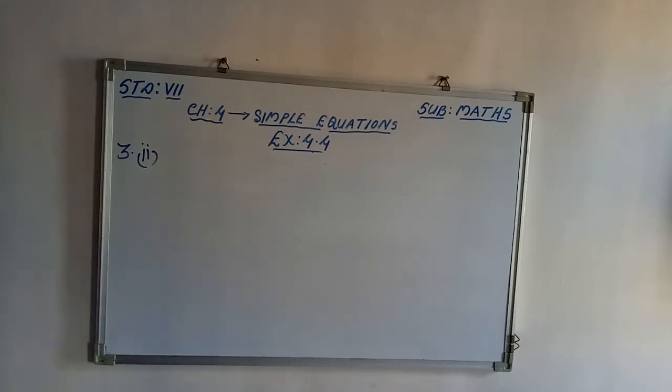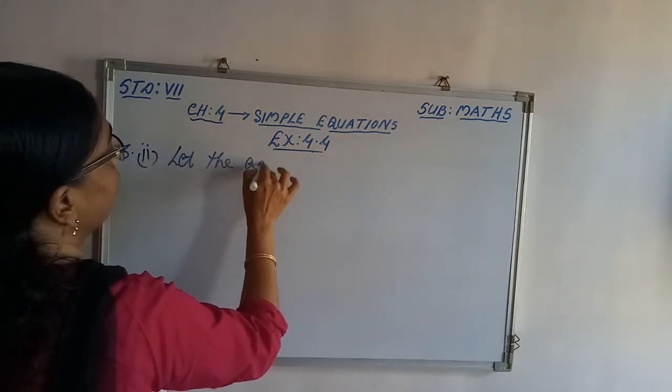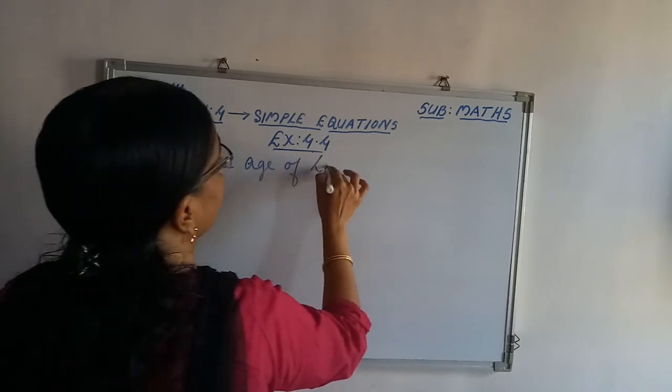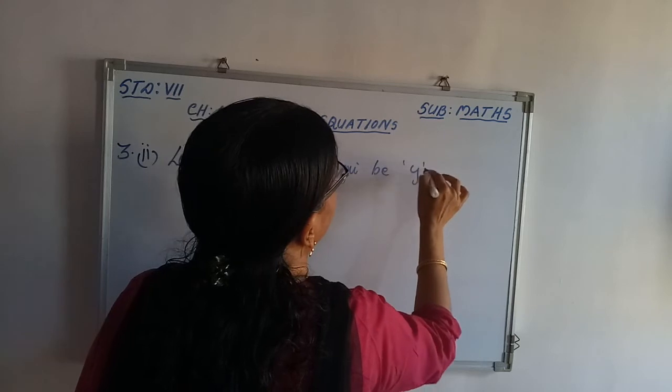Lakshmi's father is 49 years old. He is 4 years older than 3 times Lakshmi's age. What is Lakshmi's age? It's clear, you have to assume the age of Lakshmi. So we can write, let the age of Lakshmi be y years. Here I am using y.